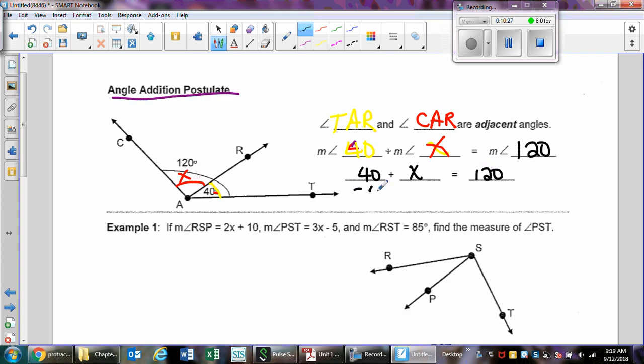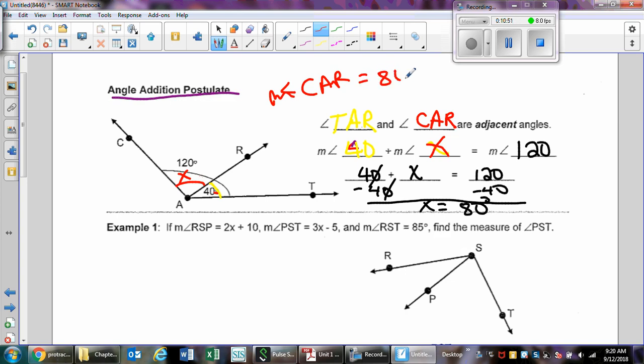Then I can just do minus 40 from both sides, right? Then X would be 80. So the measure of CAR, so the red angle here, the measure of CAR equals 80 degrees, because when I add 80 plus 40, it gives me 120 degrees.